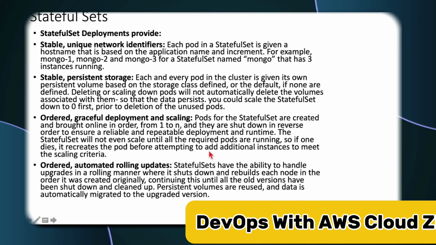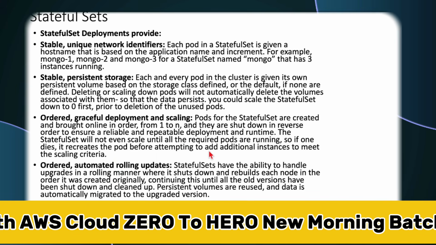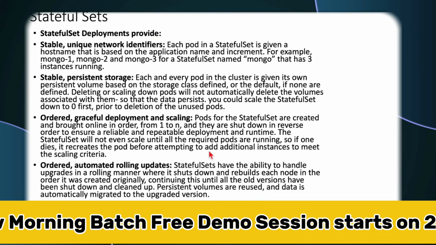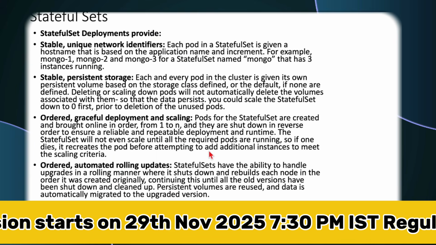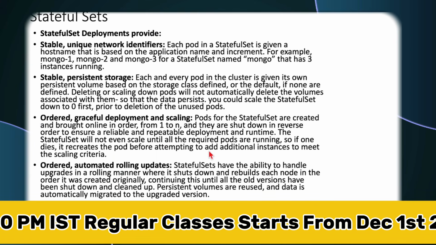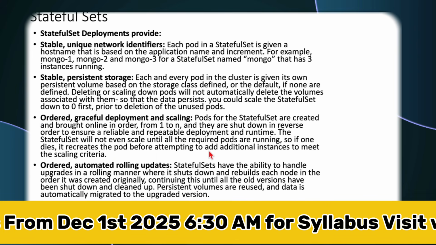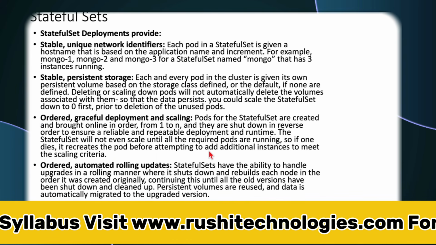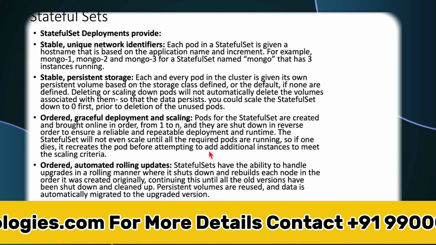What does it mean? Each pod in a stateful set is going to have a host name that is based on the stateful set name and an increment. For example, if I am creating a stateful set with a name called Mongo, each pod will have its own host name, like Mongo-0, Mongo-1, Mongo-2. So, a unique network identity. Even though your pods are deleted and recreated for some reason, the stateful set pods will be created again with the same network identity also. And again, stable persistent storage.